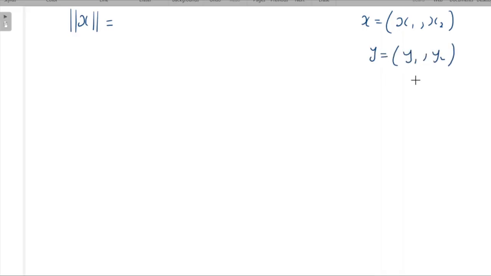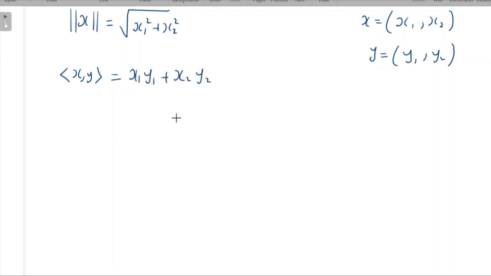If I express the norm of x, I'm talking about the square root of x1 squared plus x2 squared. If I consider the dot product, or inner product, of x and y, I'm talking about x1 y1 plus x2 y2.